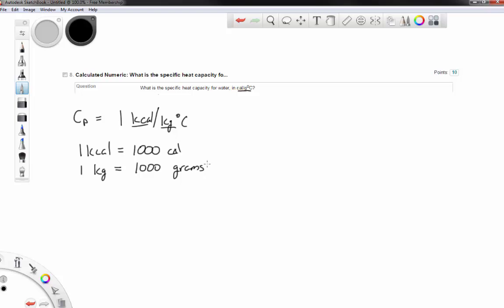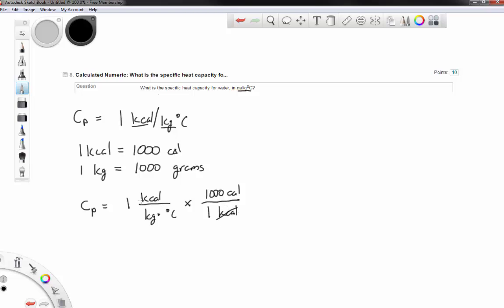Alright, so if we want to get the answer from kilocalories per kilogram degree C into calories per gram degree C, we've got to do some multiplying. So we basically have C sub P is equal to 1 kilocalorie over kilogram degree C. Now we got to get rid of that kilocalories, so we put up here 1,000 calories, divided by 1 kilocalorie.